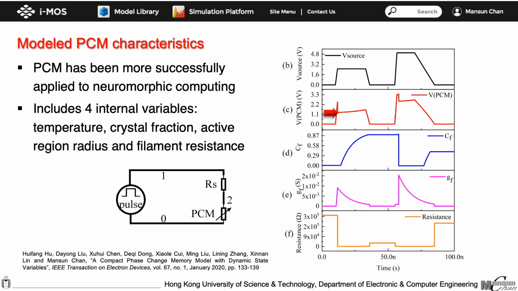The third curve shows the crystal fraction of the active region. The fourth graph indicates the formation of the filament that is responsible for the snapback behavior. And finally, the last graph shows the resistance of the PCM cell. It shows that after the set process, the PCM cell is set to the low resistance state, and the reset process restores the high resistance.